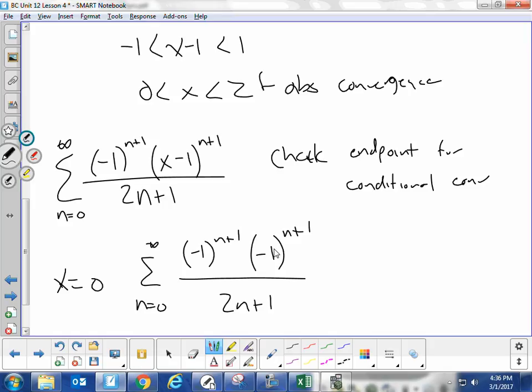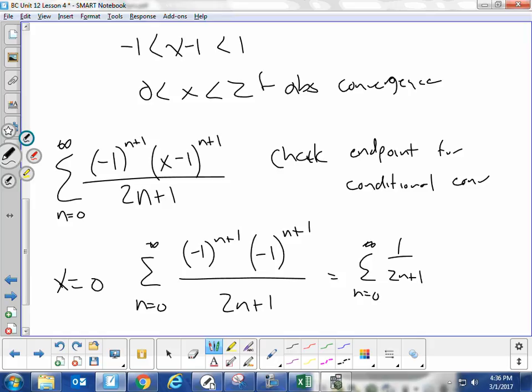This times this ends up being (-1)^(n+1) squared. -1 to anything squared is just going to be 1. So we'd have a sum n starts at 0 going to infinity of just 1 over 2n plus 1.